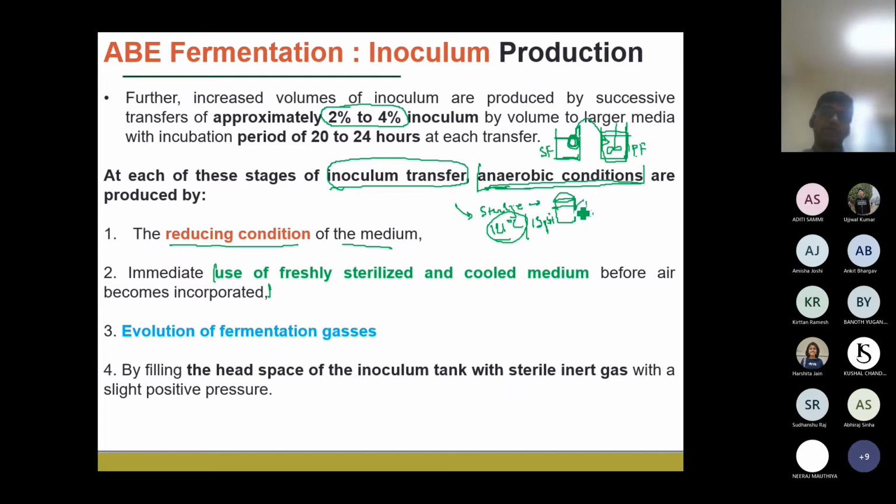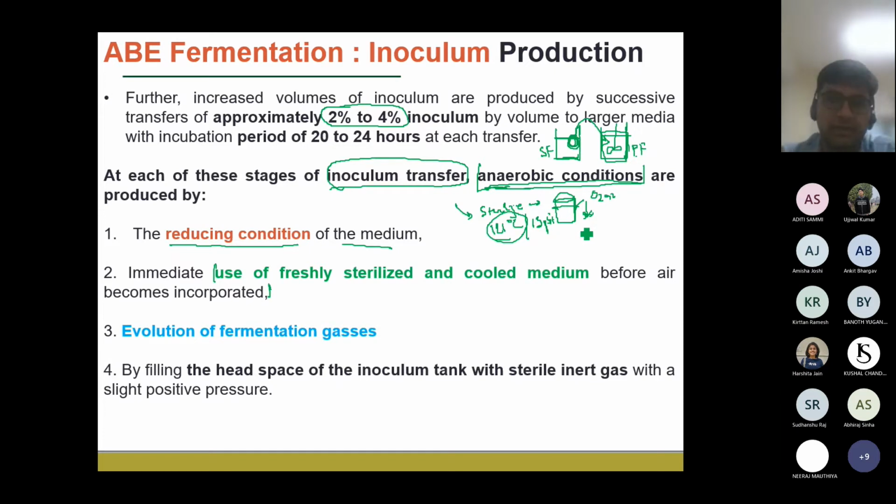During this time, the oxygen from the air may get dissolved, depending upon the solubility of the fermentation media. That dissolved oxygen will interfere with the fermentation process. So it is very important that once the fermentation media is sterilized, it should be used immediately, before a large fraction of air is dissolved in it.